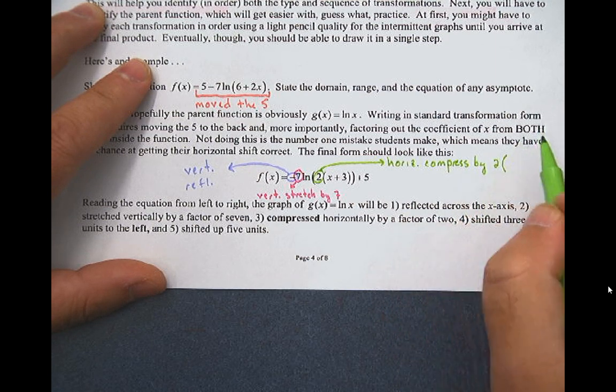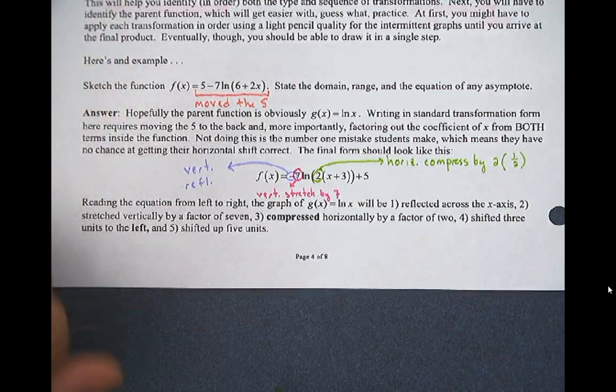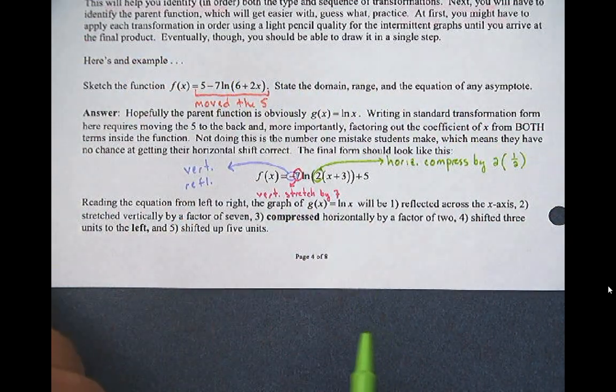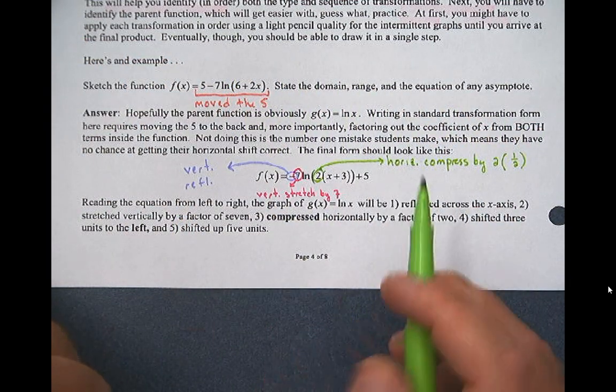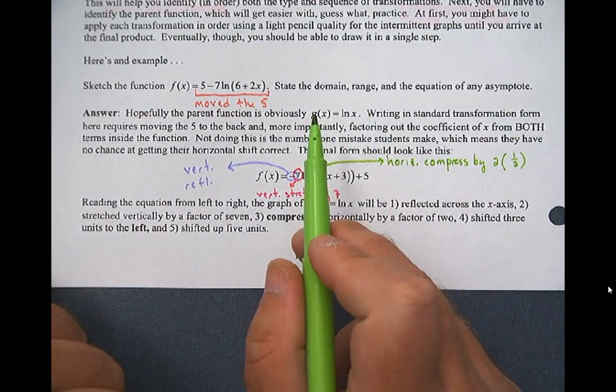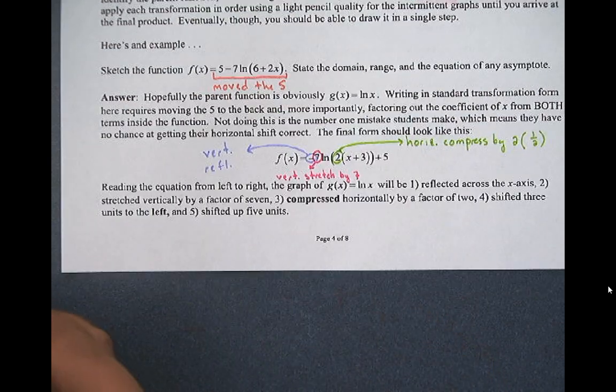Or put it in parentheses, it's going to multiply by a half. So it's going to take my x values and squeeze them in. They're going to be half as wide as they were before. So the point that was at 8 will now be the point at 4. The point that was at 6 will now be the point at 3, and so on.